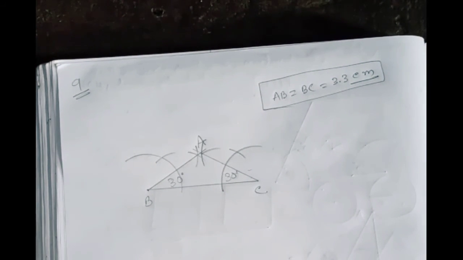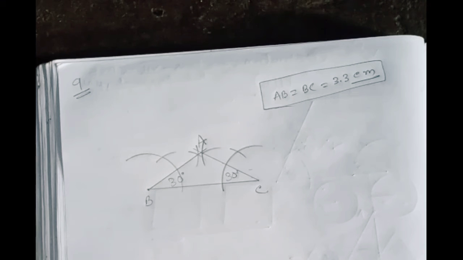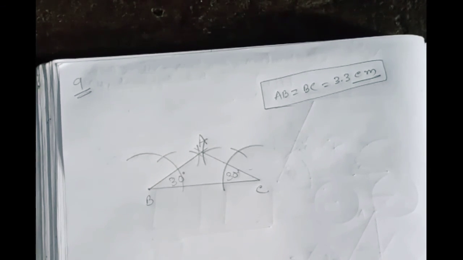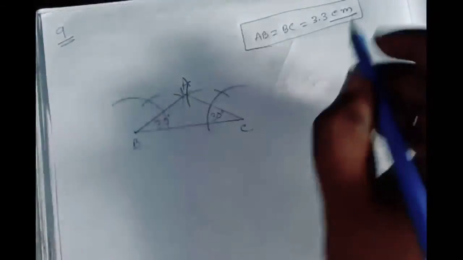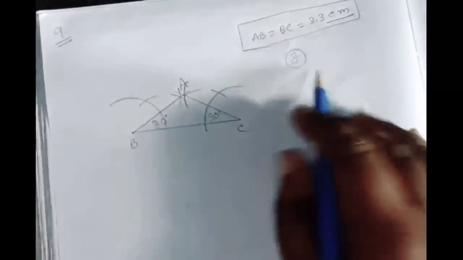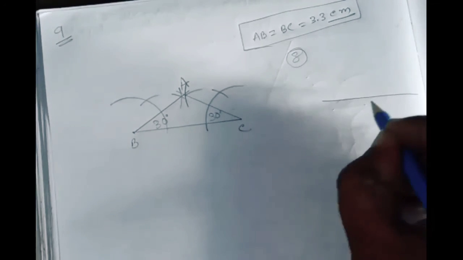Next, construct a triangle ABC in which BC is equal to 6.2 centimeter, angle B is equal to 60 degree, angle C is equal to 45 degree. It's a very easy question. Question number 8 is also very easy.